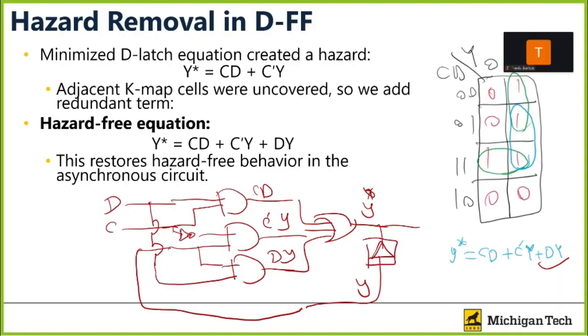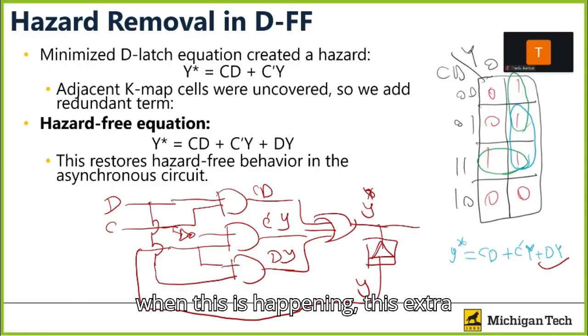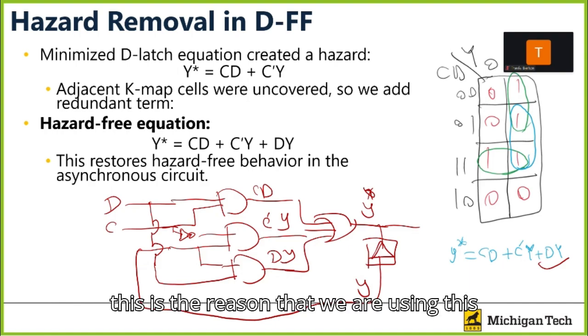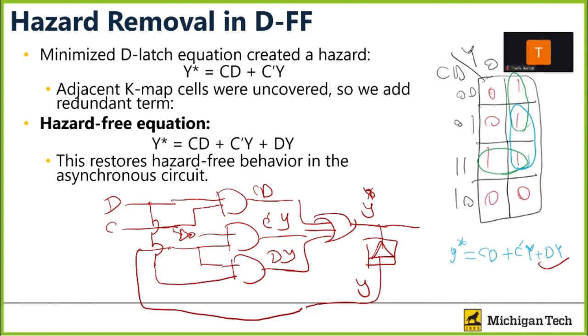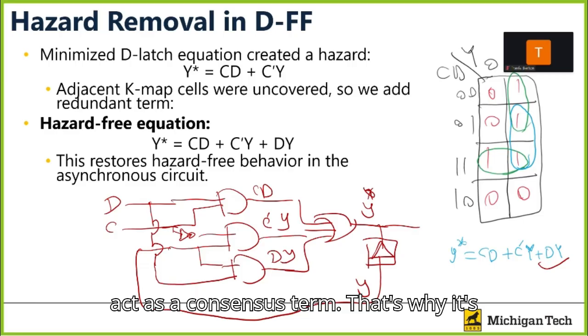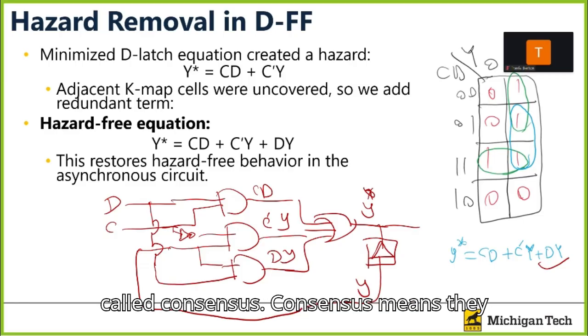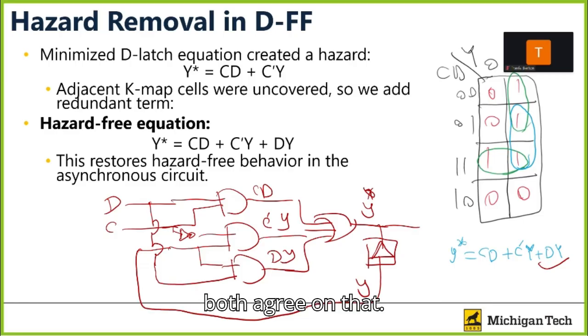So in this case, when this is happening, this extra term is going to fix that. This is the reason that we are using this extra term. This extra term acts as a smoothing term, a consensus term. That's why it's called consensus. Consensus means they both agree on that. That's the reason we can say why we use that.